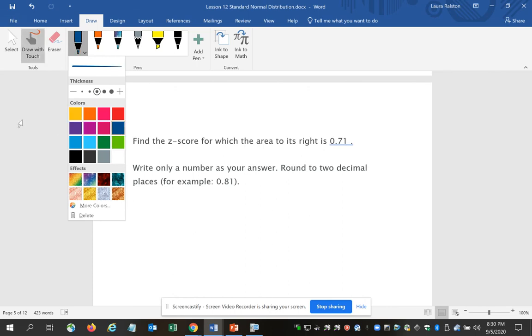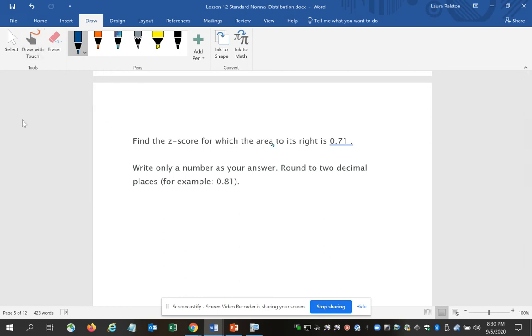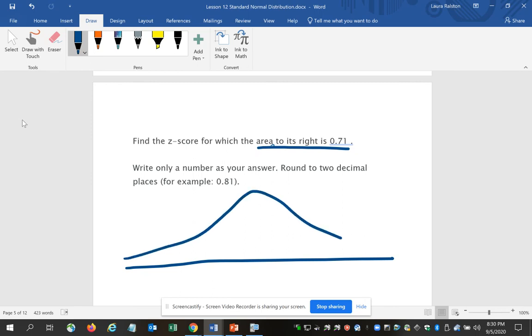Okay, so this one says find the z-score for which the area to the right is 0.71. So again, in this particular problem, I'm given the area to start with, and I know that, it doesn't specify, but I can assume I have a standard normal distribution.